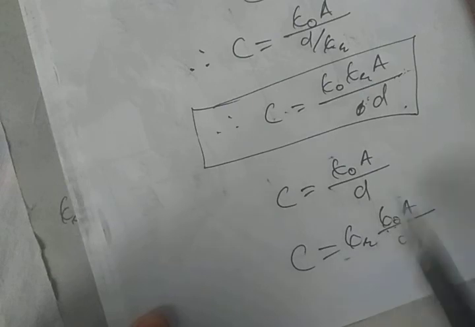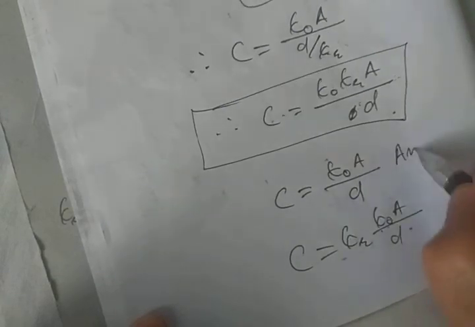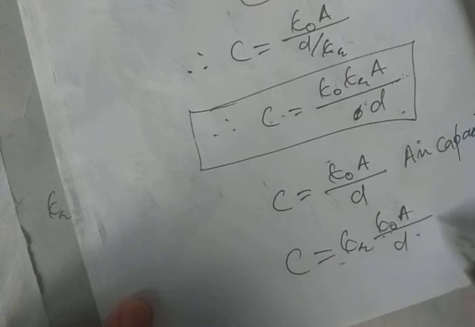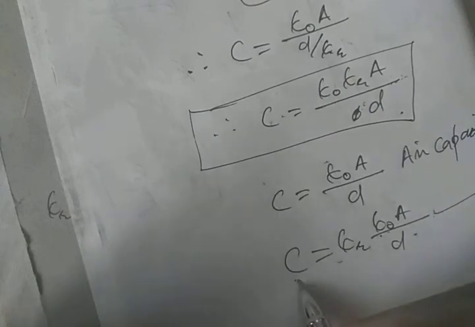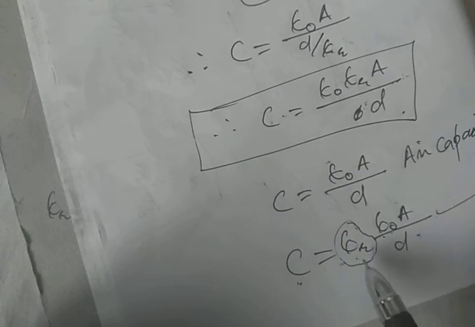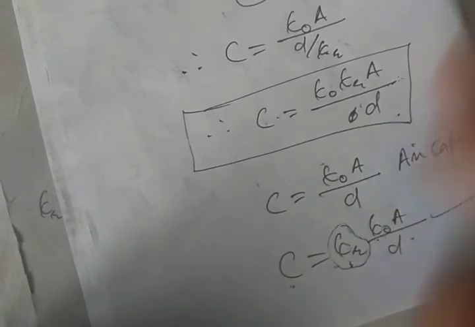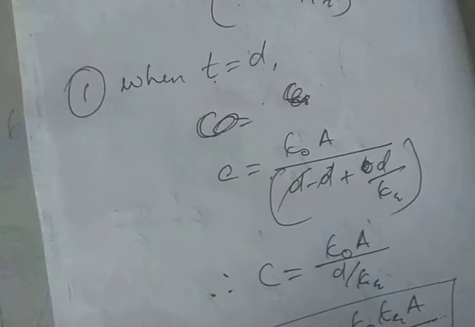This is for the air capacitor, and this is for when the space between the two plates is completely filled up by a dielectric. So when you fill the space completely by a dielectric, the capacitance increases by a factor epsilon r, which is equal to the dielectric constant of that material. Remember that. So this is case 1, that is when t is equal to d.